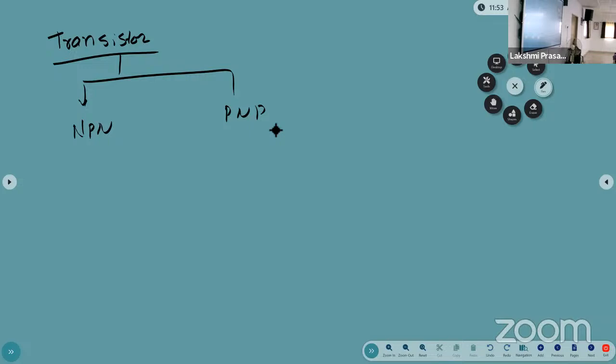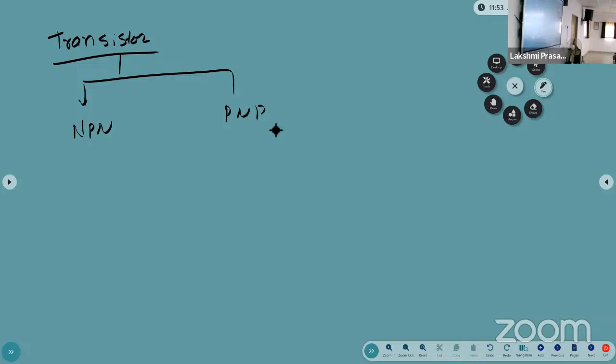If you put jam or vegetables between 2 bread pieces, it is a sandwich. So the p-type semiconductor sandwiched between the 2 n-type semiconductors is called the NPN transistor.